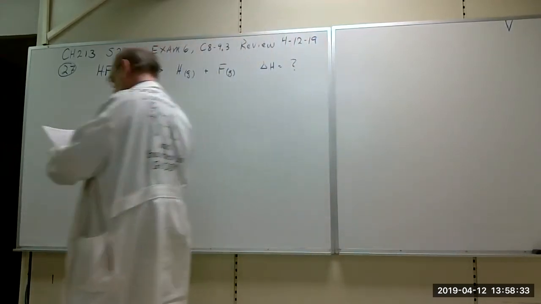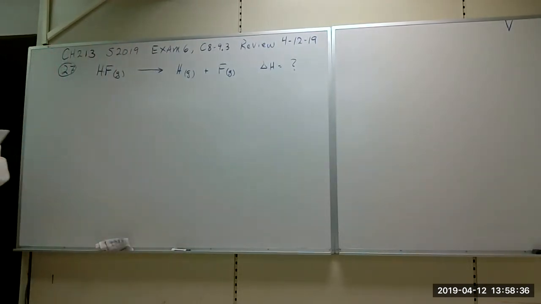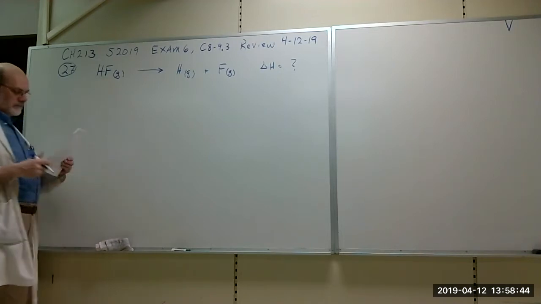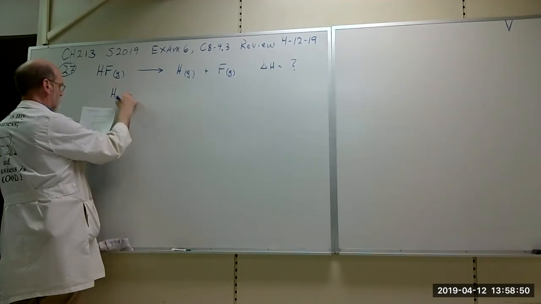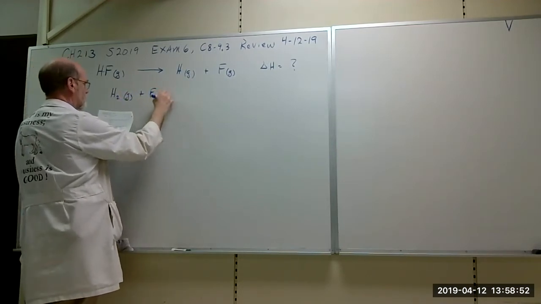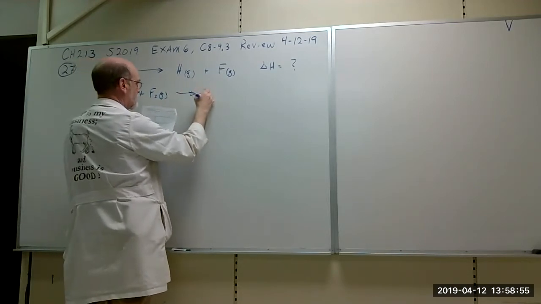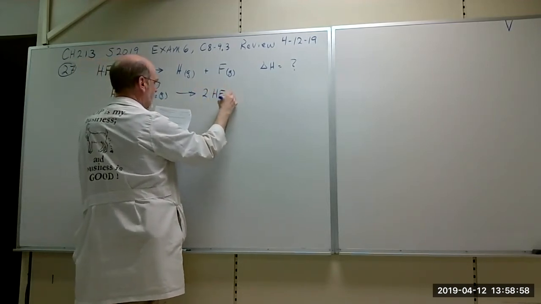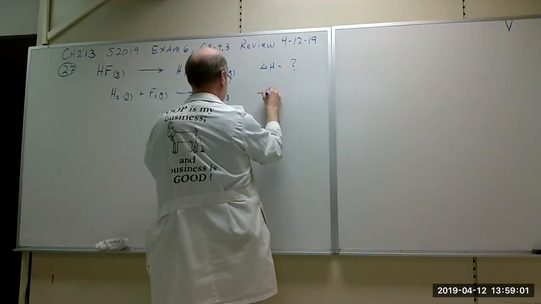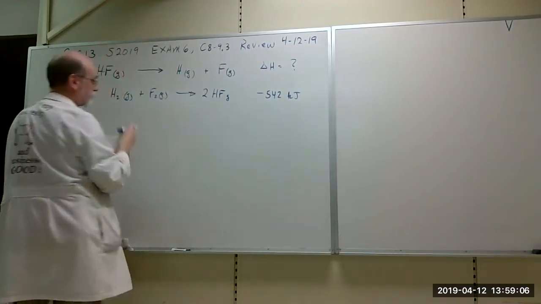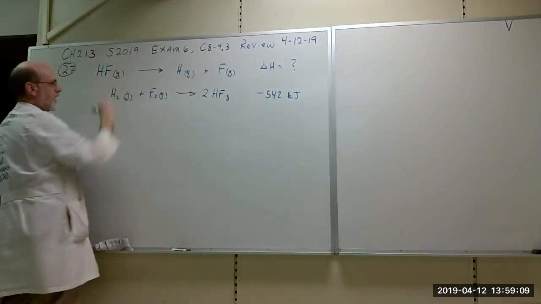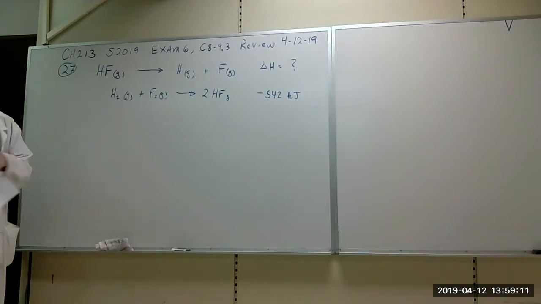Okay. So now we've got these three equations. H2 gas plus F2 gas yields 2HF gas, and that is minus 542 kilojoules. We need HF on this side, and we need only half of it, right?